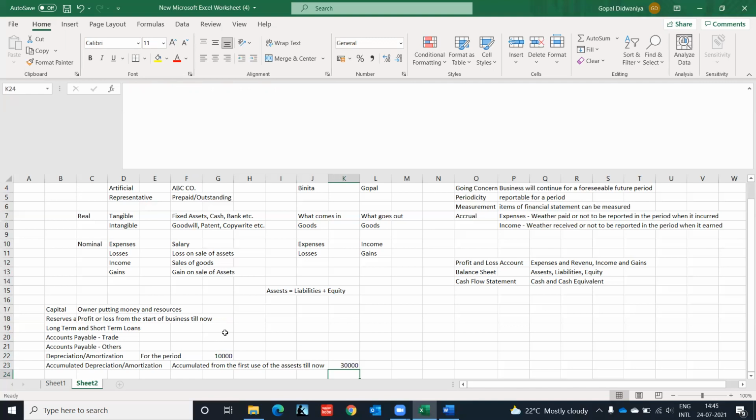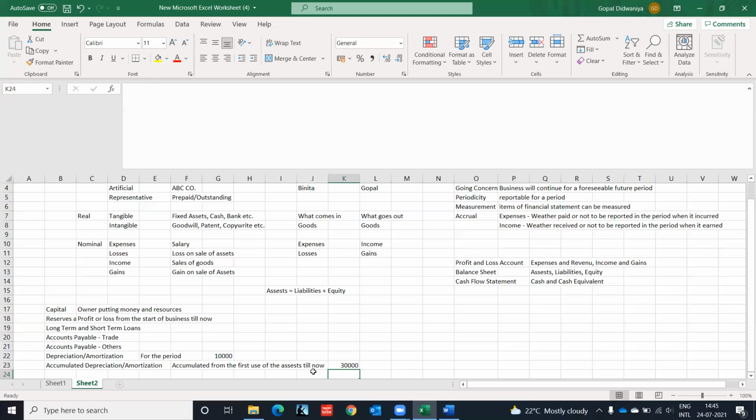So it consists of total depreciation from the start. When you use a particular asset, it will definitely depreciate, because you will not get the same value in the market that you have paid for it. Let's say you purchased a mobile for 20,000 rupees today. Will it give you the same 20,000 when you want to sell it tomorrow, or after 1 month or 1 year? My question is, it may be high, it may be low also, right?